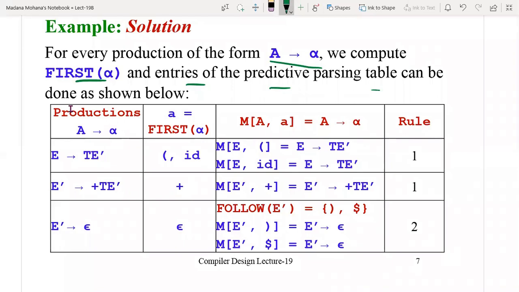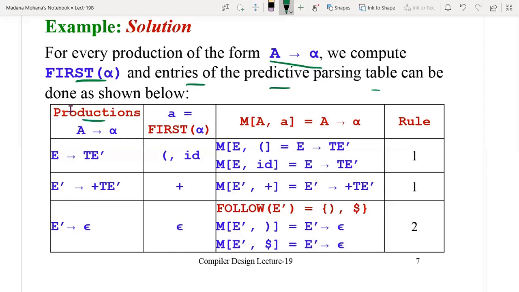Whereas if first of alpha contains null, then you have to find follow of the left hand side variable, and under the respective follow columns, in the respective row, you add the production. Then if first of alpha contains null and dollar is in follow of A, then under the column dollar you also add the same production. That is rule 2.